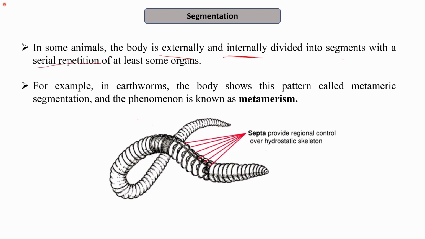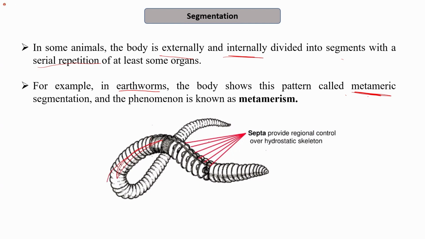For example, we might all have seen an earthworm. In earthworms, the body shows a pattern called metameric segmentation, which is basically serial repetition. You can see in the earthworm the different segments that are present, which I am highlighting right now.